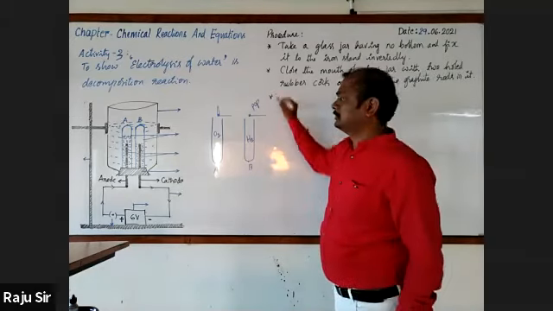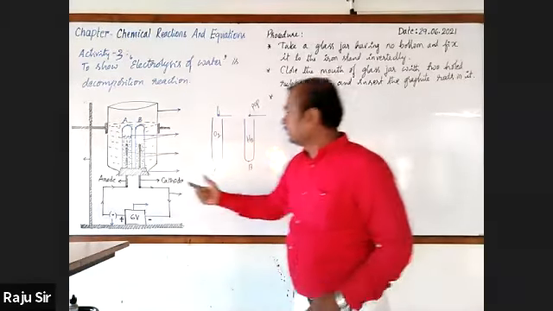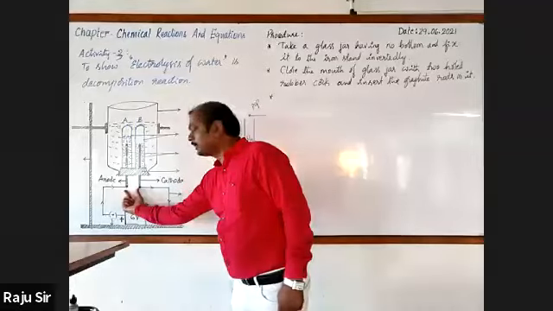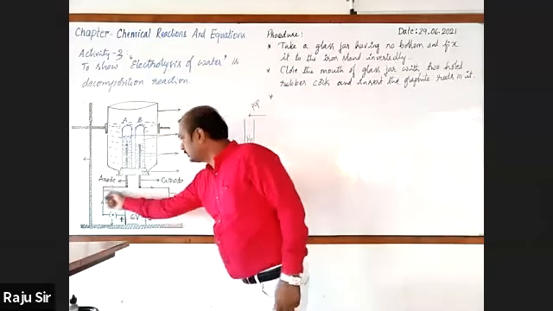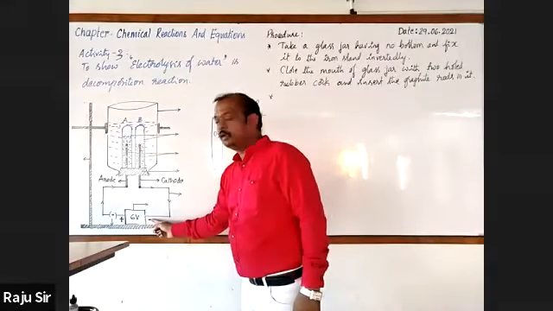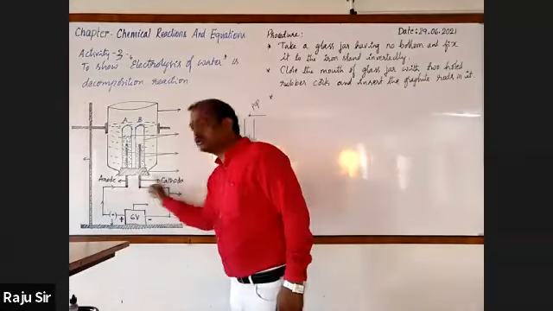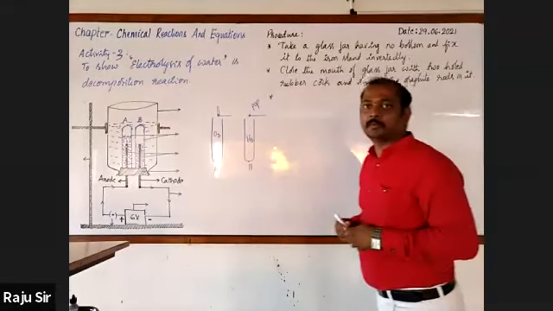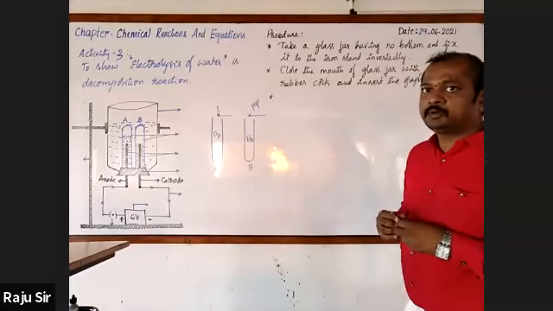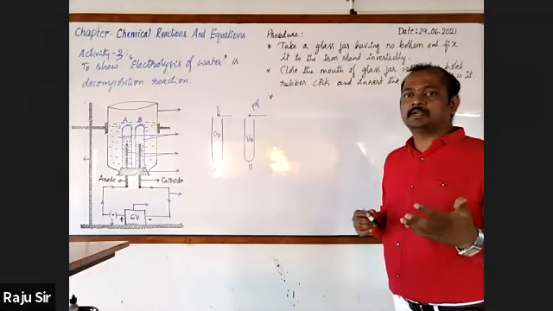Third, we are going to connect the graphite rods to the terminals of a battery along with the switch using a conductor. It is very easy to understand.